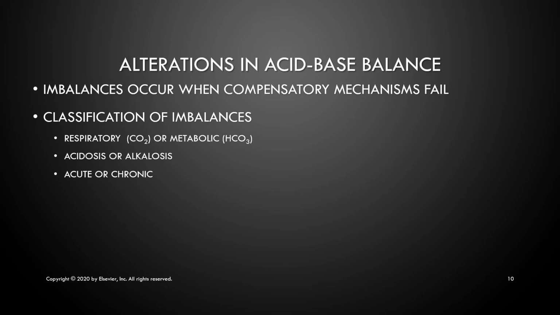It has to maintain this balance of 20 to 1, the bicarbonate being 20 and the carbonic acid being 1. It has to have this ratio to be within that normal balance, to keep it between that 7.35 and 7.45. When this ratio is disturbed, this is what results in an imbalance, and we can measure this with our arterial blood gases, or our ABGs.